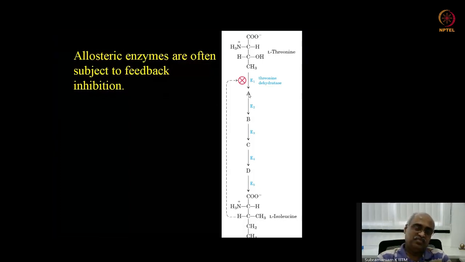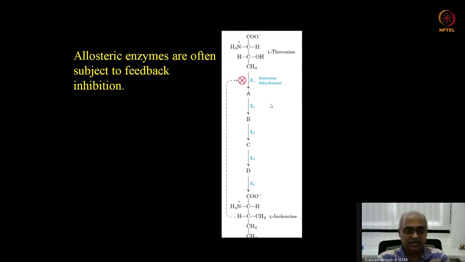Let us say formation of A from threonine is only for the purpose of making isoleucine, and A has no other fate, that's the word we commonly use, in the cell. That is, A is not useful in any other manner in the cell.